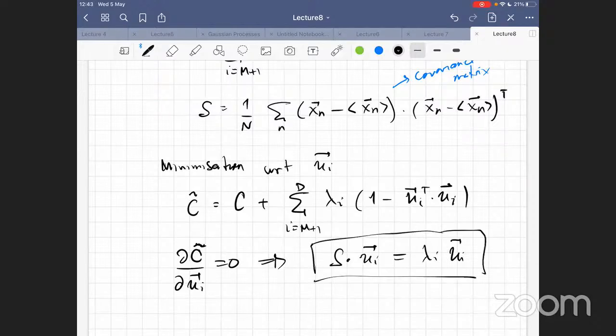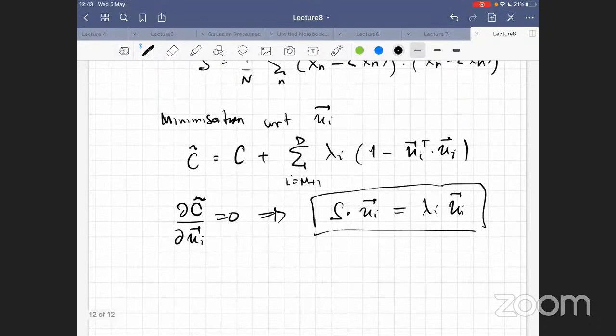So the conclusion is that these basis vectors ui are actually the eigenvectors of your covariance matrix. And now you have a nice way to do it, because the covariance matrix is immediate to compute, and by diagonalizing it you are able to get the basis vectors defining the transformation that you want.